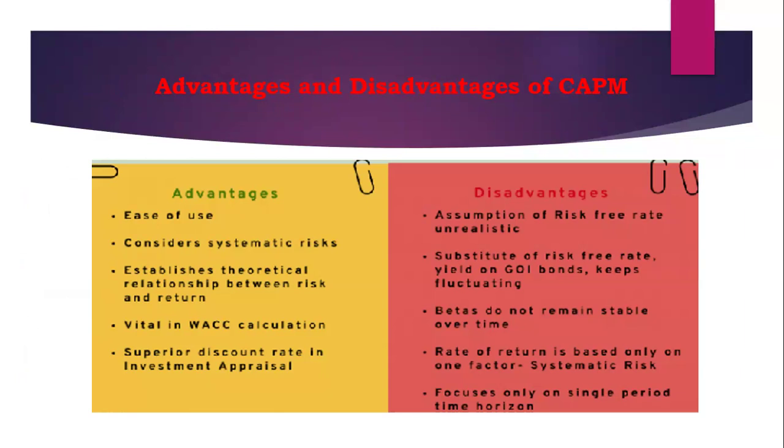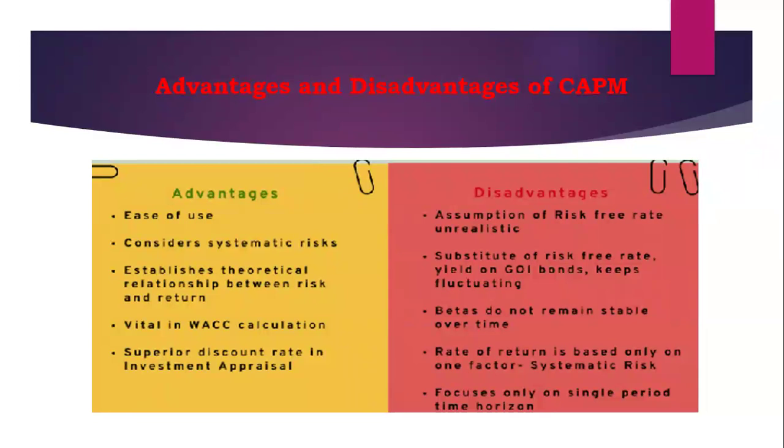See, this model is vital in calculating the weighted average cost of capital. As CAPM computes cost of equity, WACC, the weighted average cost of capital, is used extensively in financial modeling.